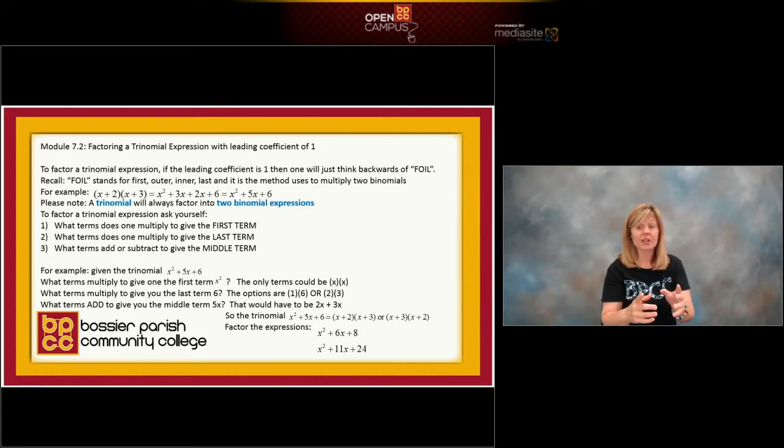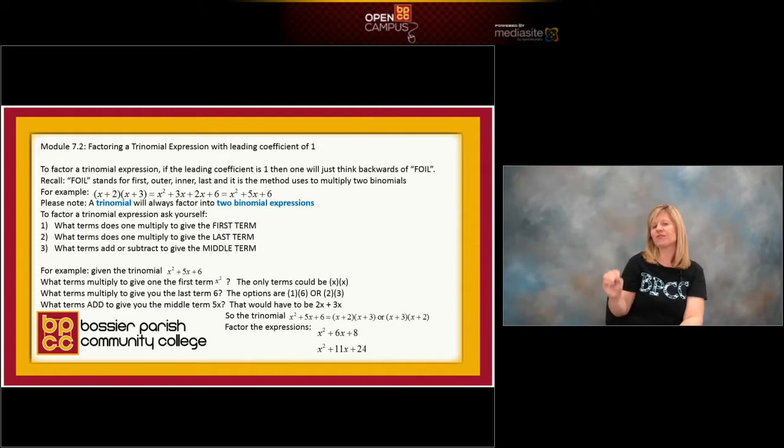Well, 1 and 6, I can subtract to make a 5x. 2 and 3, I can add to make a 5. So you're going to say, well, how do I know if I'm adding or subtracting? It all has to do with the signs in the trinomial. The trinomial is x squared plus 5x plus 6. The 6 is positive. That positive means you want to add to make what's in the middle.